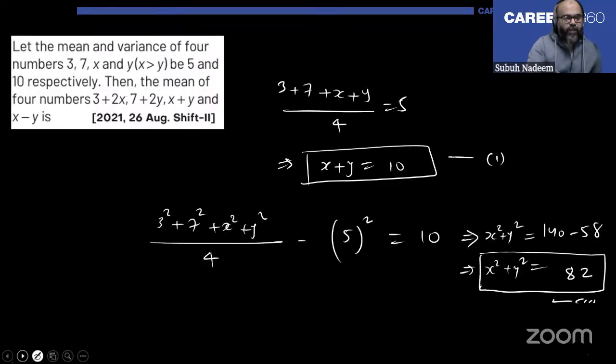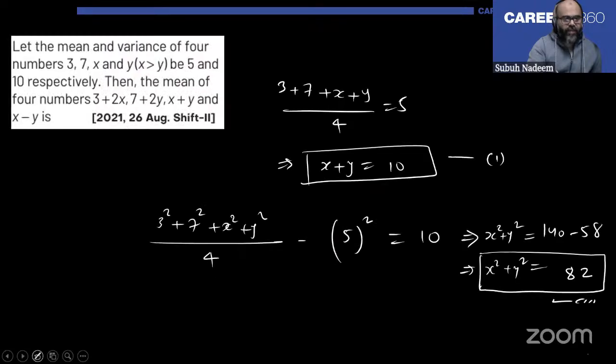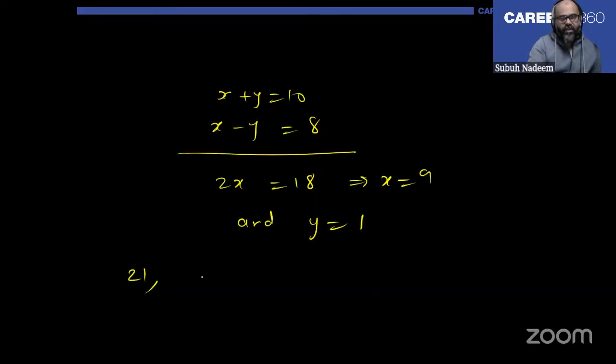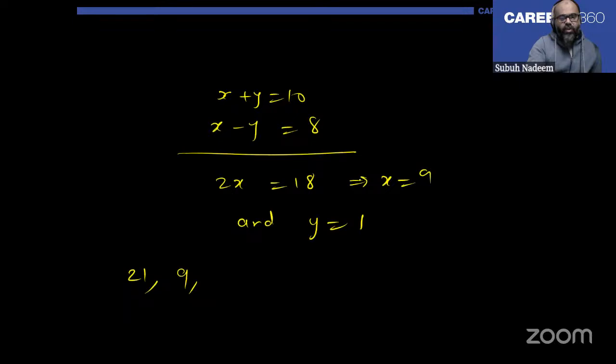Now the mean of 3 plus 2x. What will be 3 plus 2x? So 3 plus 2x will be 21. And then 7 plus 2y will be 9. And then we have x plus y, which will be 10.